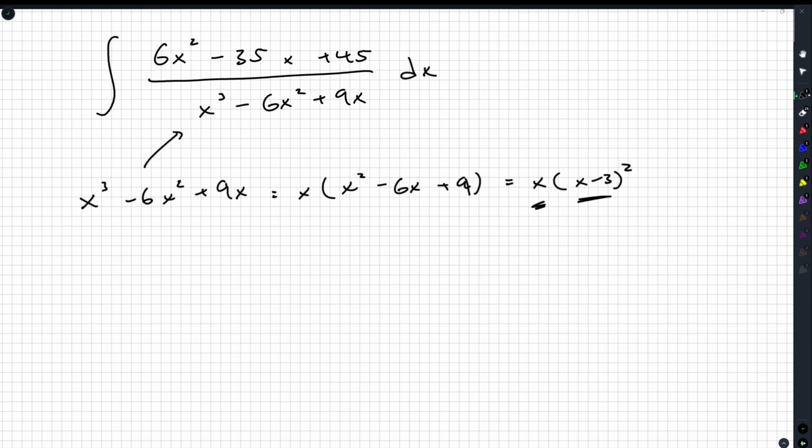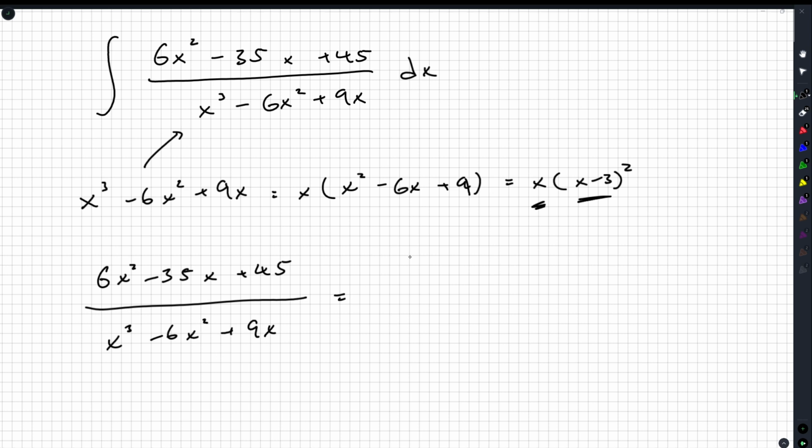This informs how I set up my partial fraction decomposition, which is a way of rewriting this polynomial. Okay. So what do we do?